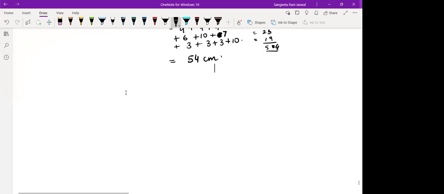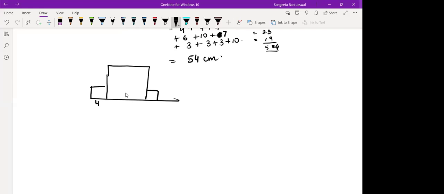See here, I'll make a bigger figure. See, this is the shape given. This is a 4 centimeter square, right? This is a 10 centimeter square. This is a 3 centimeter square. You understood this part? Yes, ma'am. Okay, so this is 4. That means this is also 4. This is also 4. And this whole distance is 10 centimeters.